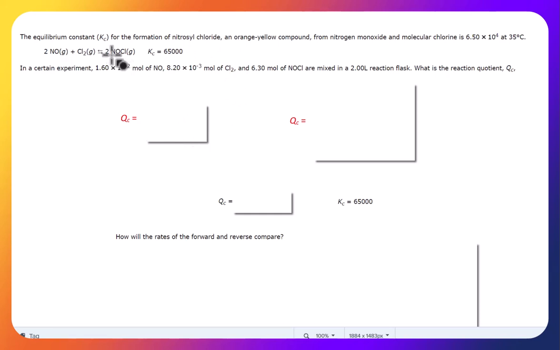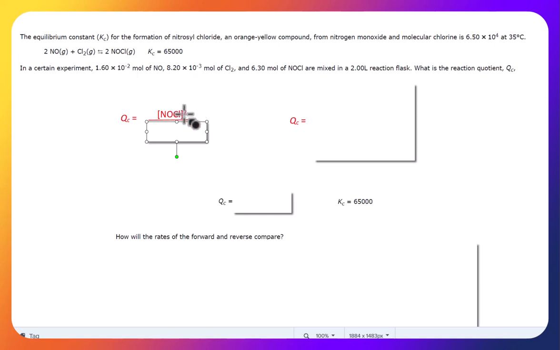So we'll have to have products. Here's our NOCl, and we'll make that the numerator. It's the products over the reactants raised to their coefficients. This isn't like the rate law expressions where we've got to figure out slow steps in reactions and rates and stuff. No, we just use the coefficients.